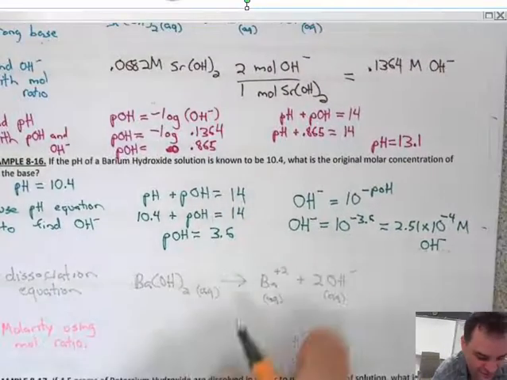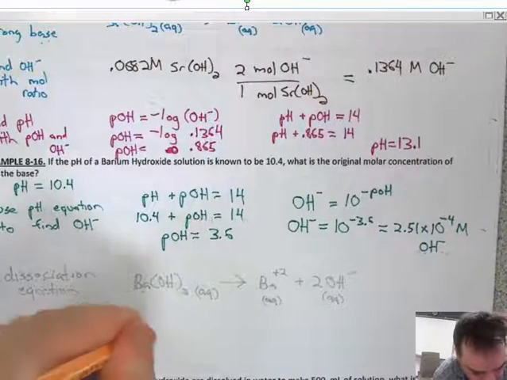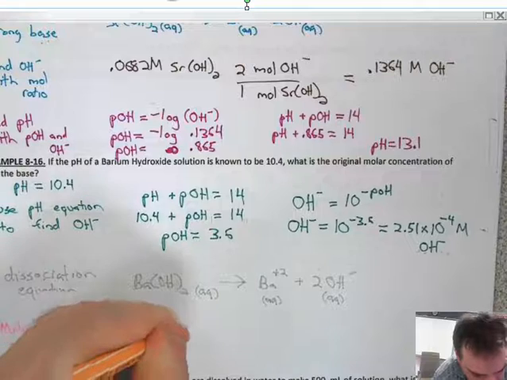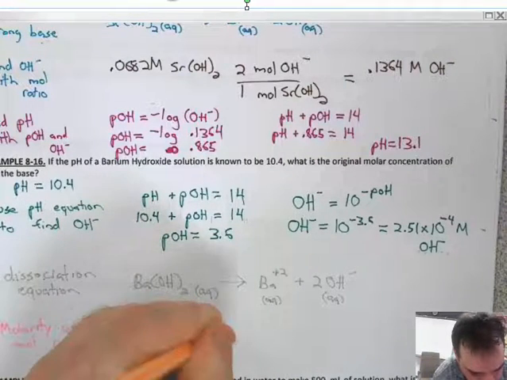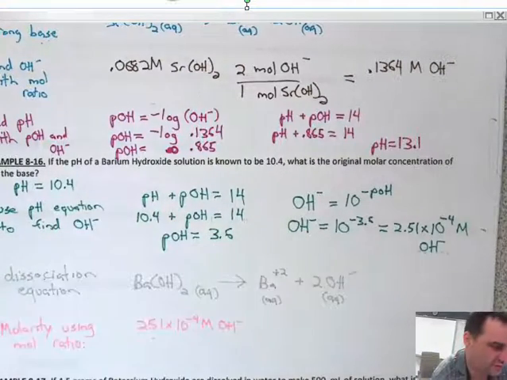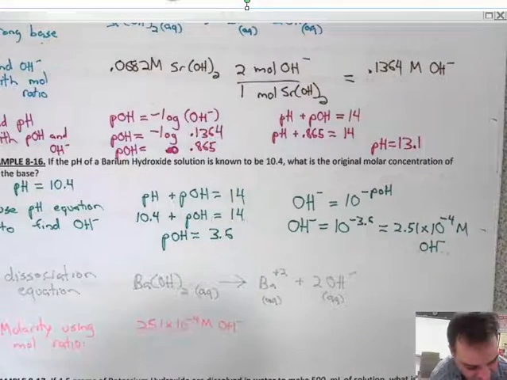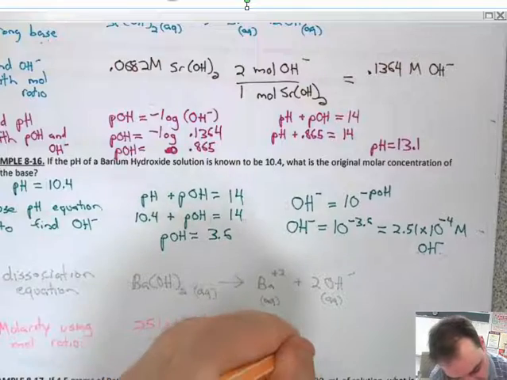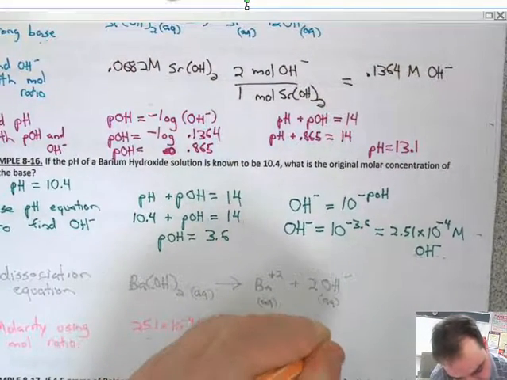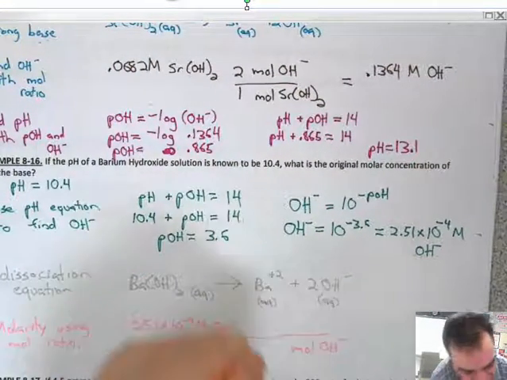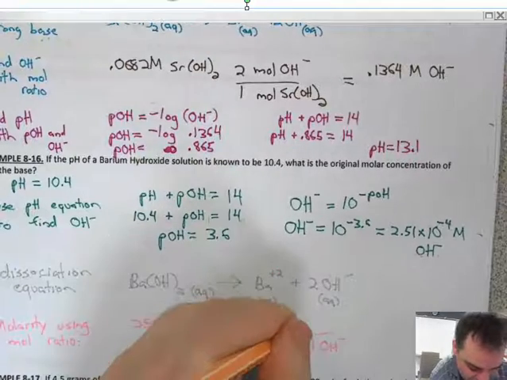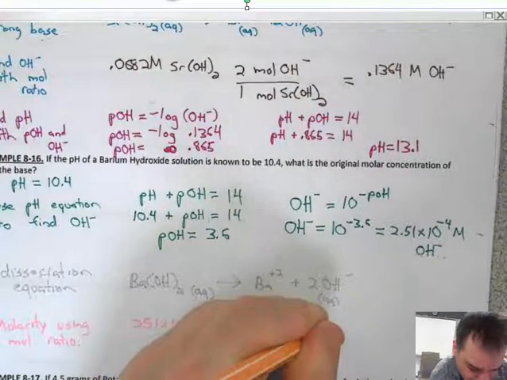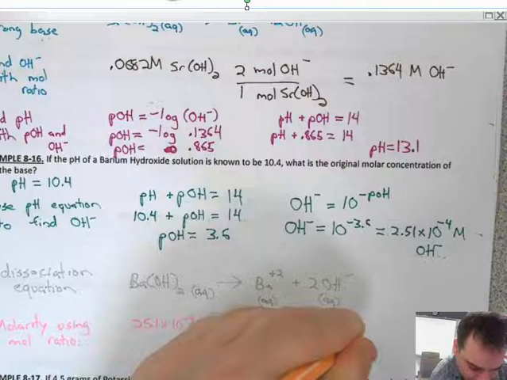What you have to realize here is that this is 2.51 times 10 to the negative 4th molar OH minus. So if I'm trying to find the original concentration here, moles of OH minus goes on the bottom to cancel out. And I'm going to put moles of barium hydroxide on the top.